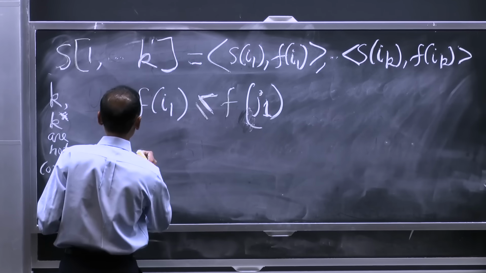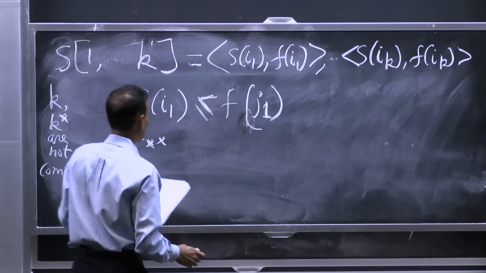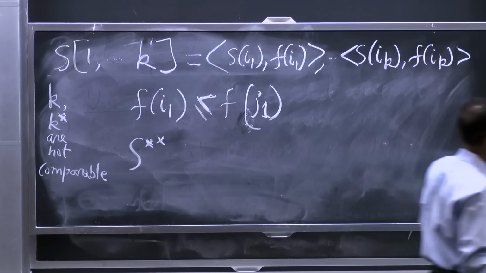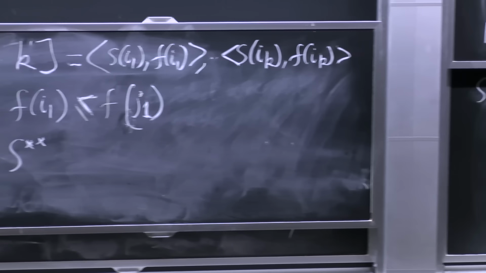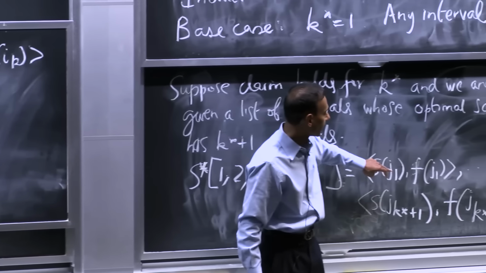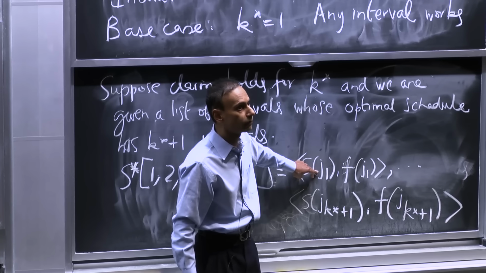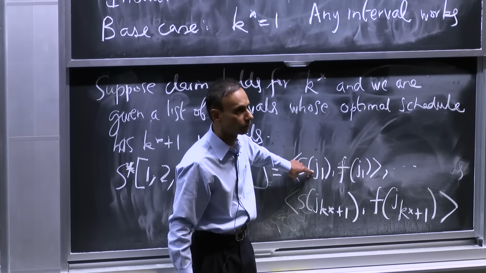Now what I'm going to do is create a schedule S star star that essentially is going to be taking S star and pulling out the first interval from S star and substituting it with the first interval from my greedy algorithm's schedule.